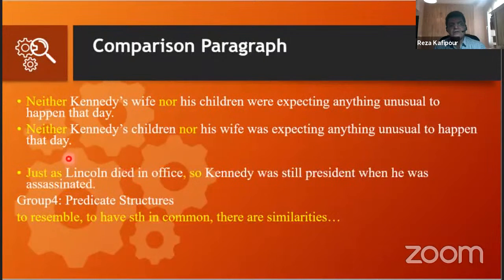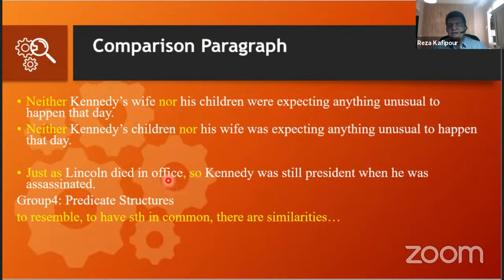So the other structure in the correlative conjunction group is the use of just as so. So let's see here. Here we are going to compare Lincoln and Kennedy based on their death in presidential office. We want to say both of them died in their office. After just as and so, we need a full sentence, or let's say an independent clause.